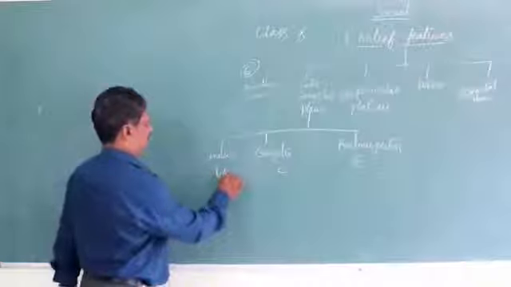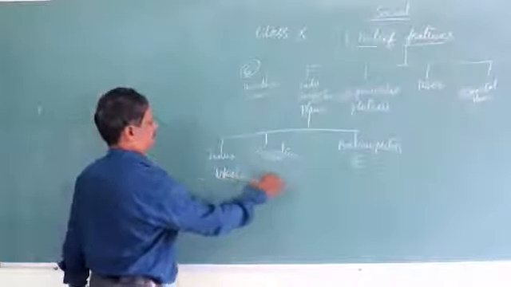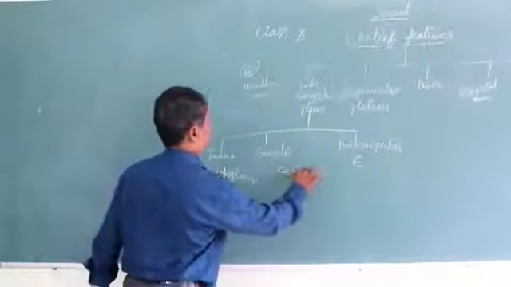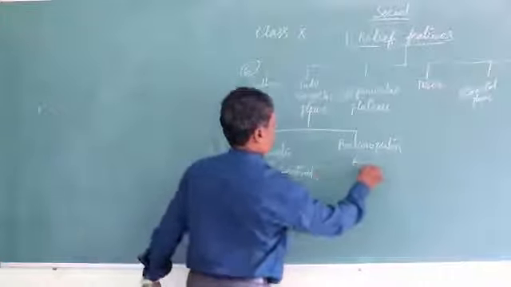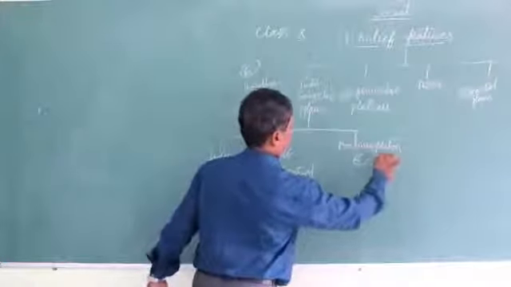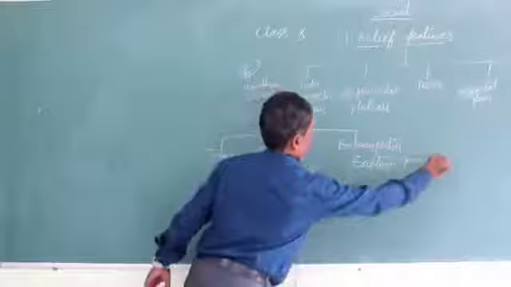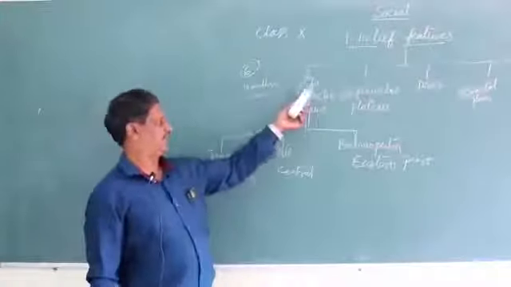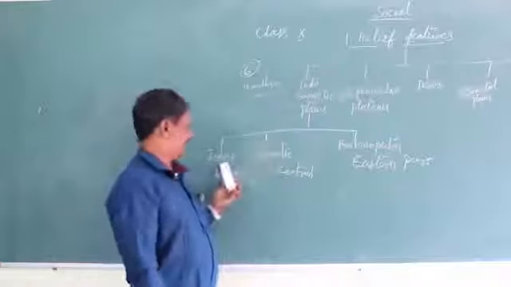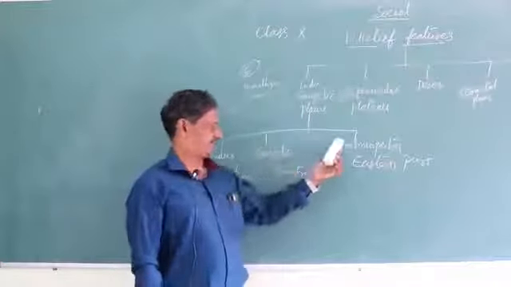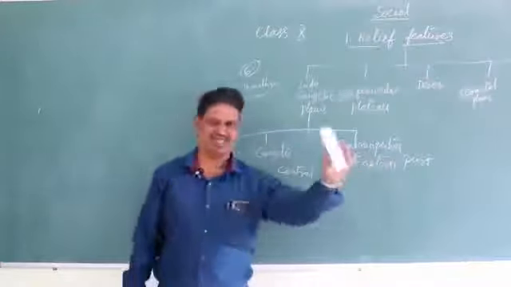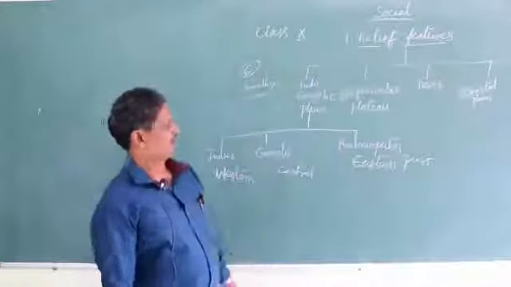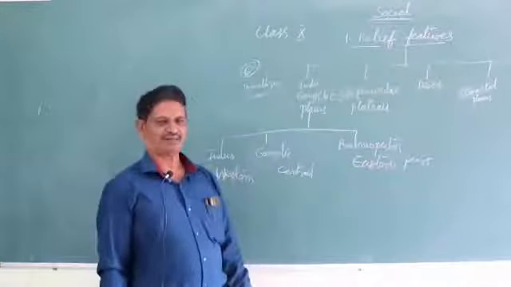Western, central, and eastern part. Right? So, how are these Indo-Gangetic plains, that is Indus, Gangetic, Brahmaputra plains, formed? How did it happen?